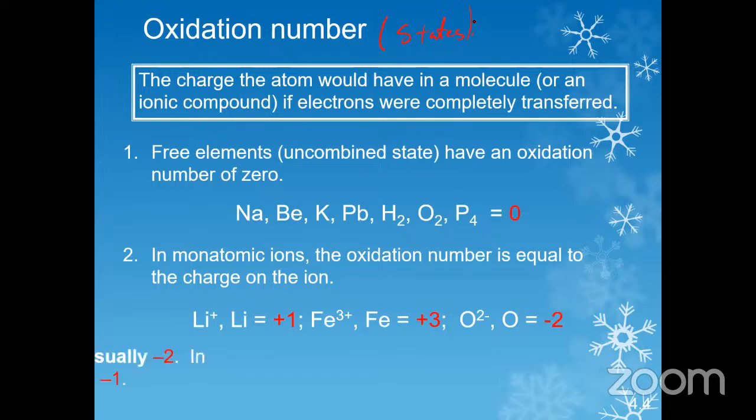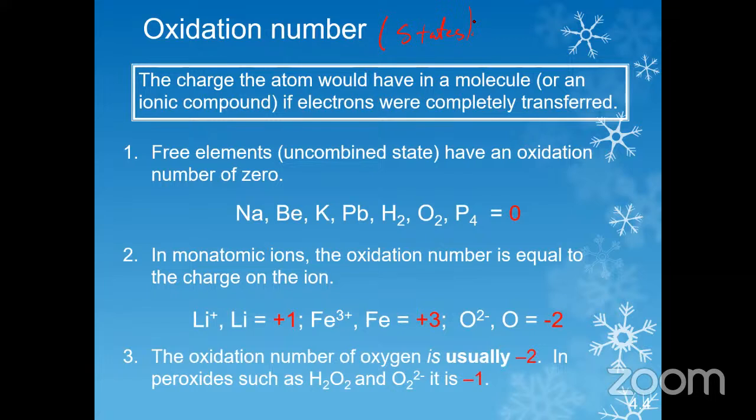The next rule is kind of special and has to do with oxygen. Let me add here: the oxidation number of oxygen in its compounds. Make a note of that.